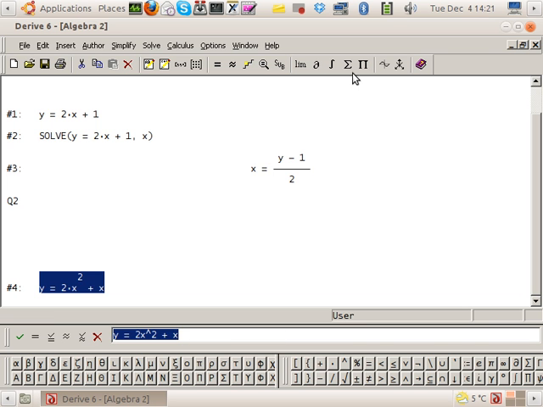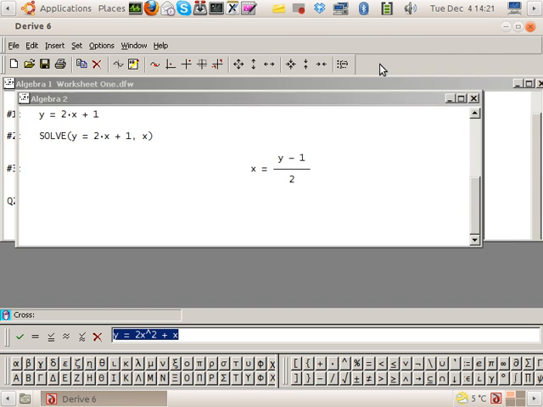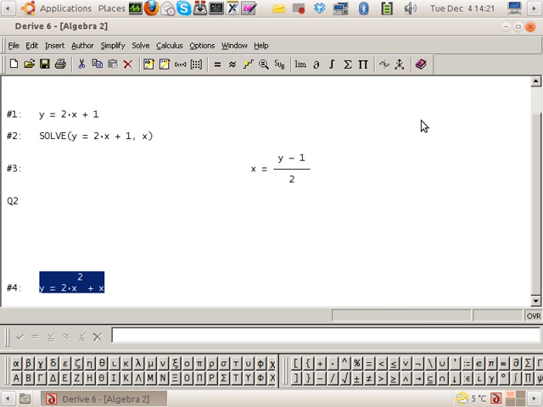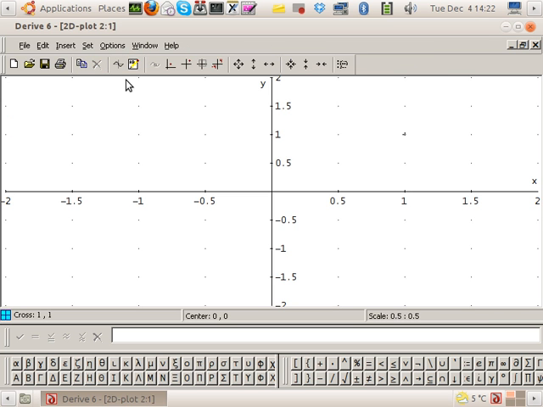Okay, so again, this button to open up the graph window, and then this one here to do the plot. And that's fine. If you want, I think I could zoom in a little bit to make it a bit clearer, but you don't have to do that. Right, so once you type it in, click this graph symbol, and then you need to click the graph symbol again, which is moved to the left.